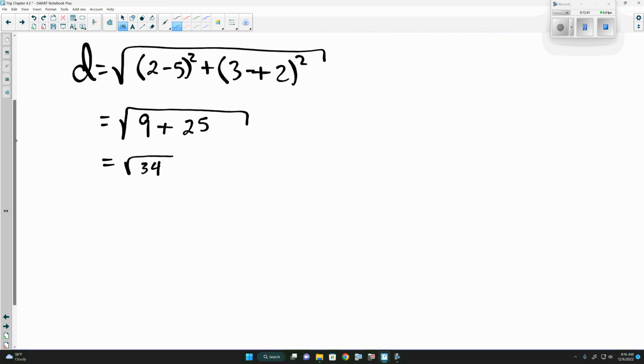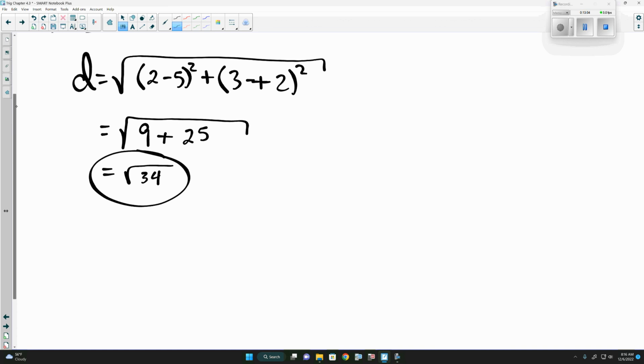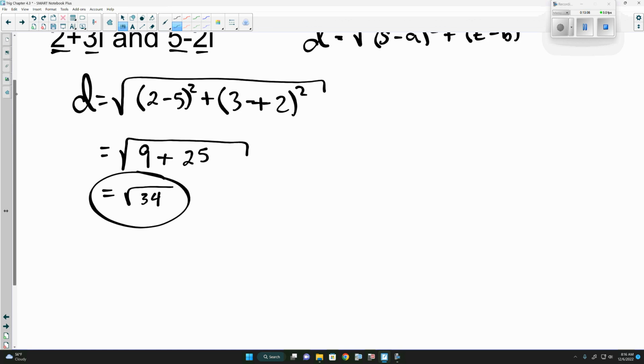Which would give us the square root of 34. And that's going to be it. Because 2 and 17 are factors, both of those are prime, and it doesn't reduce. So the distance between these two complex numbers is the square root of 34. So really we're just using our distance formula, plugging it in and simplifying.